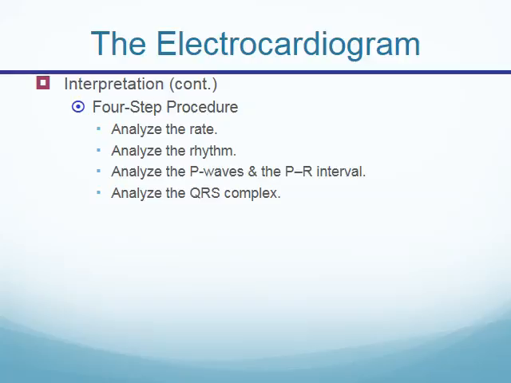With these 4 steps, you should pretty much be able to identify any heart rhythm that a patient can have. Our first step, and remember we're going to try to do this the same way every time, is to analyze the rate. We'll then analyze the rhythm, whether it's regular or irregular. We'll analyze the P waves and the PR interval, and then we'll analyze the QRS complexes. Just by looking at those 4 different things, we should be able to determine any rhythm that a patient could be in.